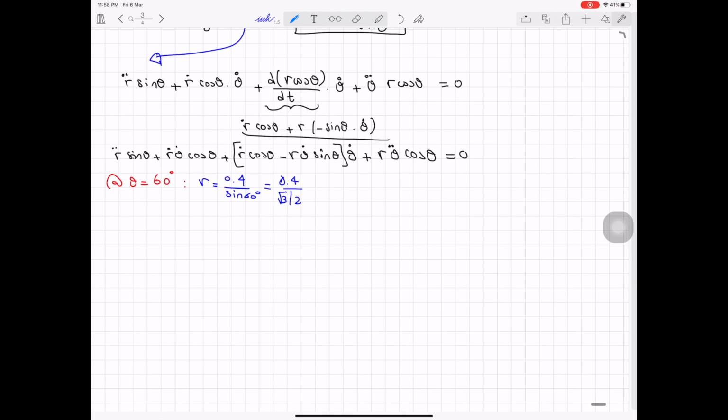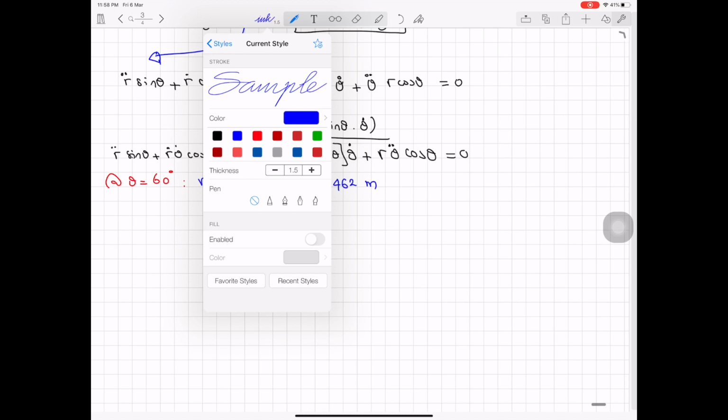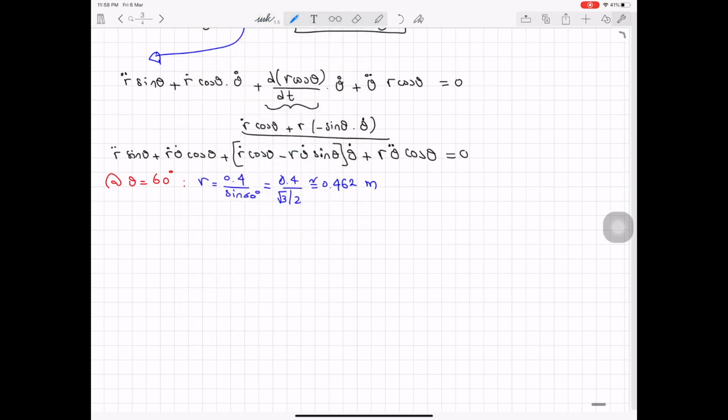So 0.4 divided by sine 60 degrees gives me 0.462 approximately meters.